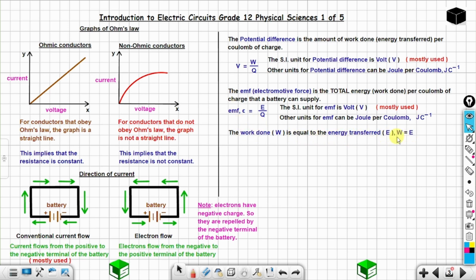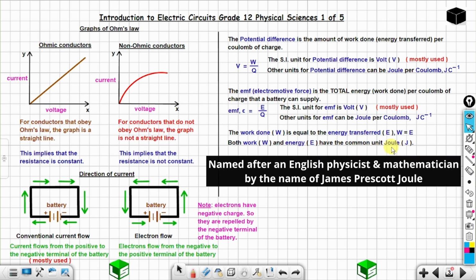When work is done, energy is transferred. So again, both work and energy have the common unit, the joule. The unit for work done is the joule, and the unit for energy transferred is also the joule.